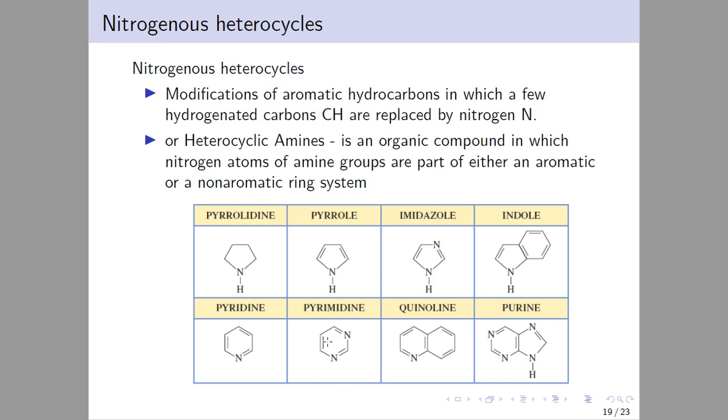These are the nitrogenous heterocycles. This one cannot move, but for the rest the N can move.